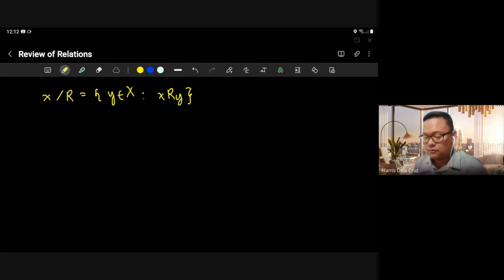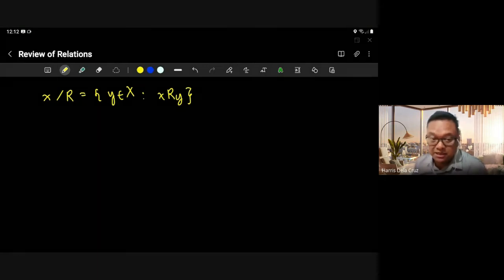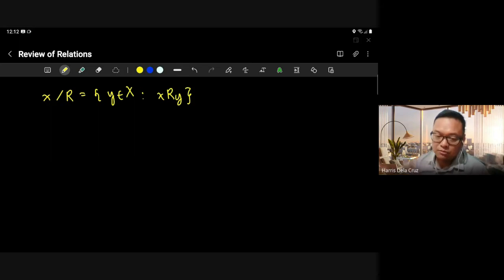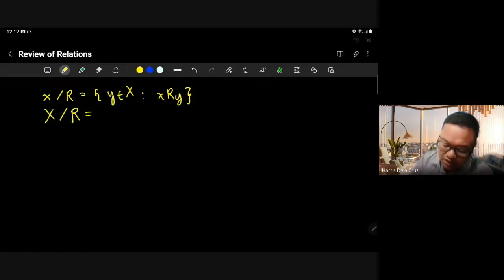Now, yung mga equivalence class na to, for each X, it may or it may not be unique. Okay? So, pag kinuha mo na yung mga distinct equivalence classes and you form it into a set, then that forms the quotient set. So, ang quotient set is denoted by X over R, capital X over capital R. So, this is an equivalence class.